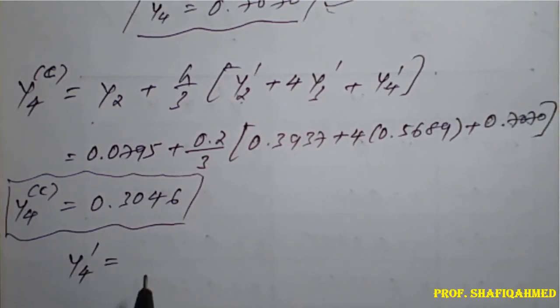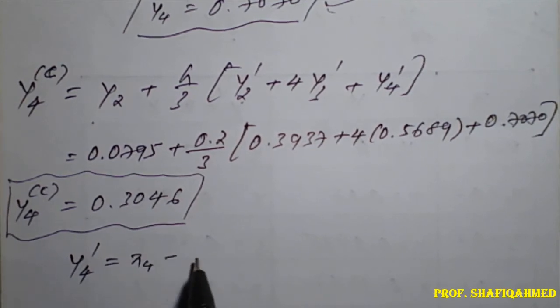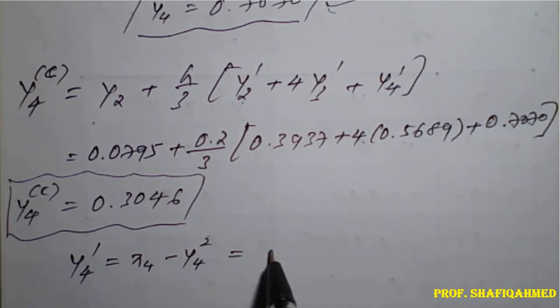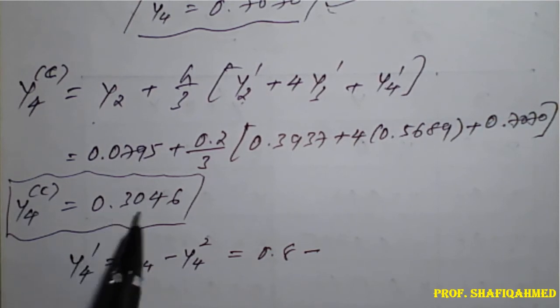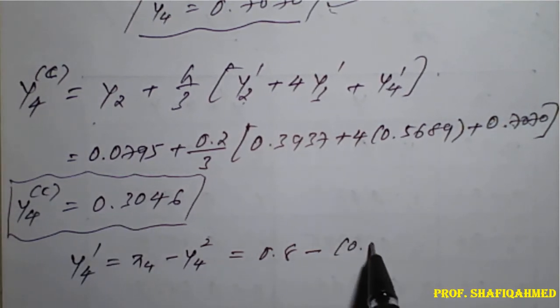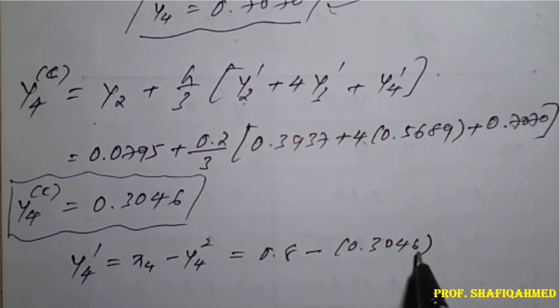y4 dash is x4 minus y4 square, that is x4 value is 0.8 minus the fresh value of y4, which we just got from the corrector, 0.3046 square.